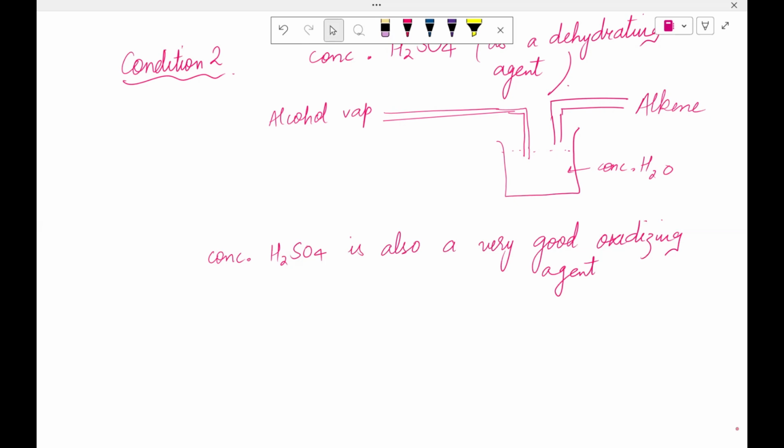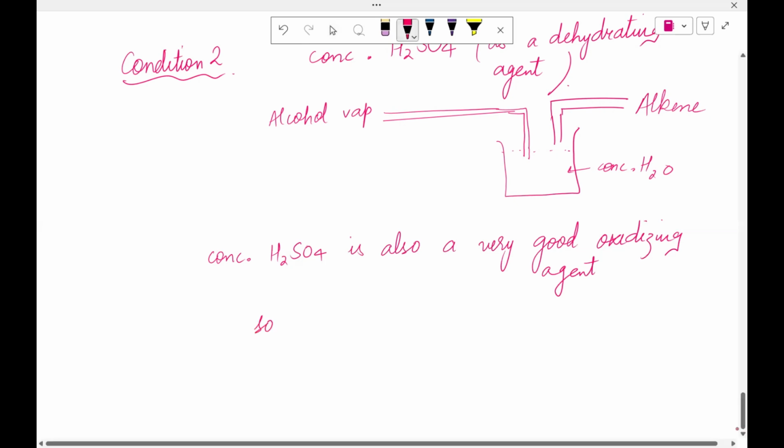Some alcohol would oxidize to carboxylic acid as well, which is basically contaminating the alkene.